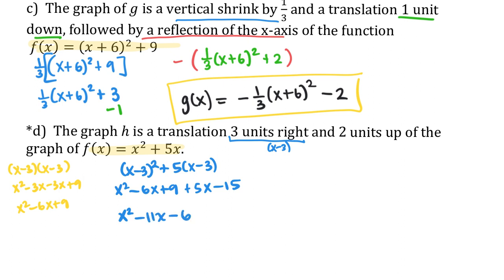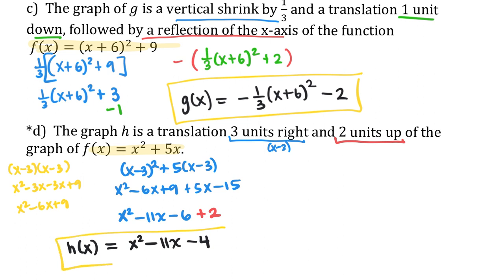Okay, am I done? No, now we need to go 2 units up. So what do I do? Plus 2. So now what do I have? x squared minus x minus 4. And this graph is called h of x. Okay, so that's going to be my final graph. If I graph this, which I don't actually know what it looks like, and I moved it 3 units right and 2 units up, I would end up with this graph.